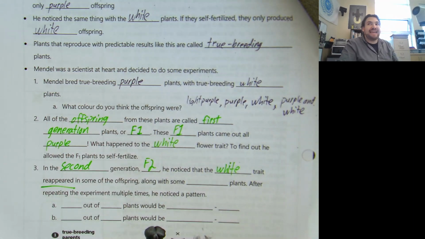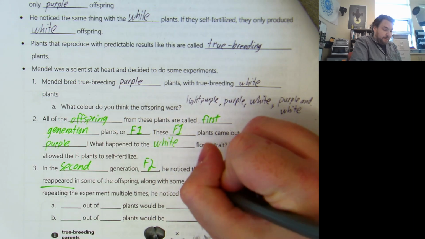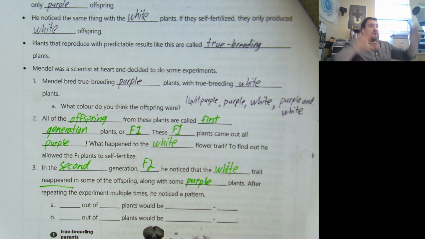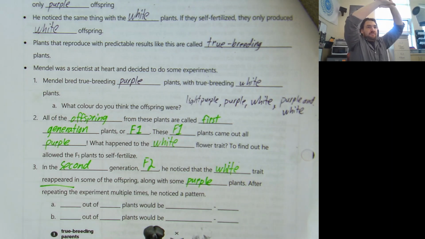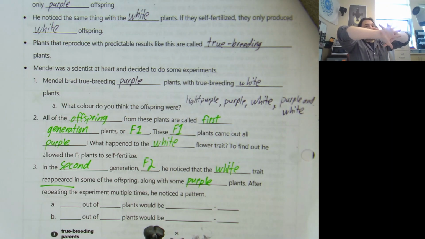Underline that word, reappeared. It came back. It skipped a generation and came back, which is weird, in some of the offspring, along with some purple plants. So he went from crossbreeding purple and white. The next generation down was all purple. They were allowed to self-fertilize, and they made purple and white again. The colors split apart again. It's weird.